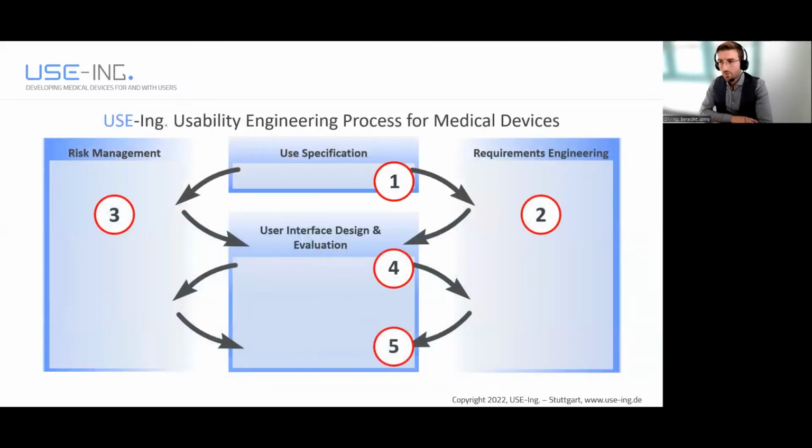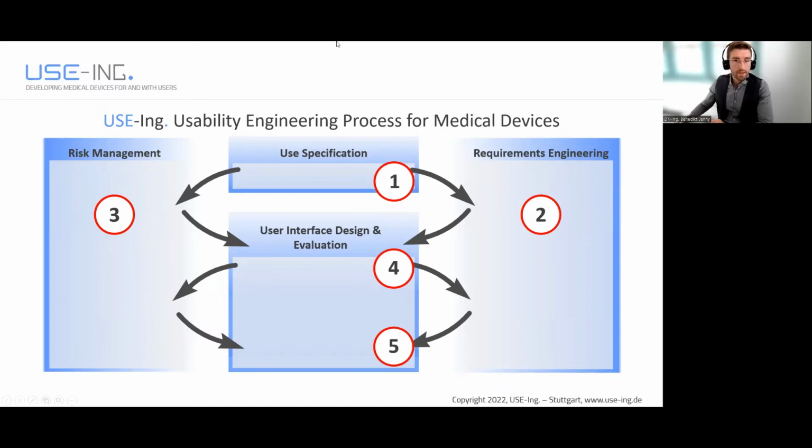So how should one proceed to achieve the best usability results? The usability engineering process is closely linked on one hand to the medical technology risk process according to the 14971 ISO standard. And on the other hand, we have the requirements engineering according to the 13485 ISO standard.